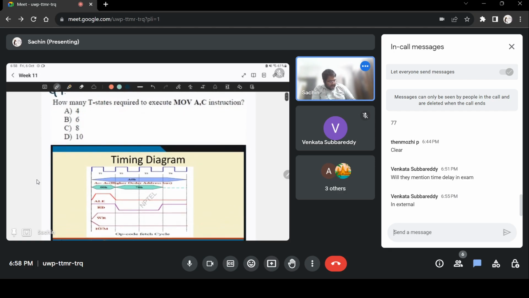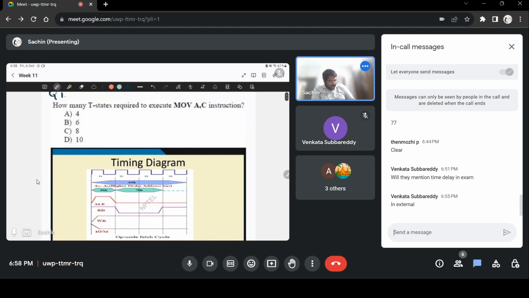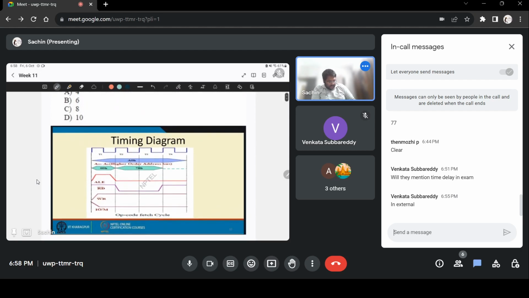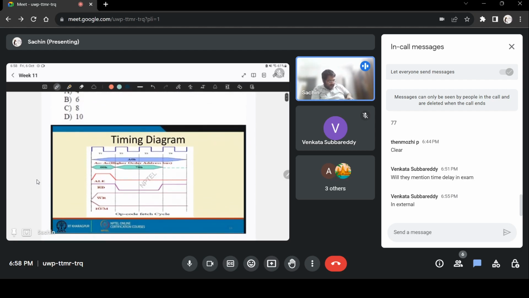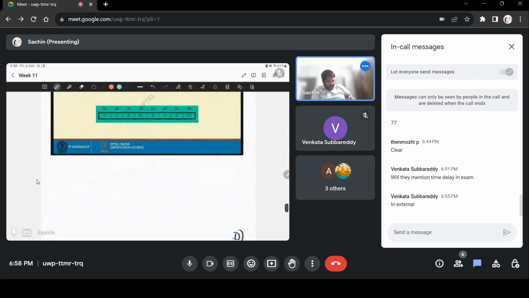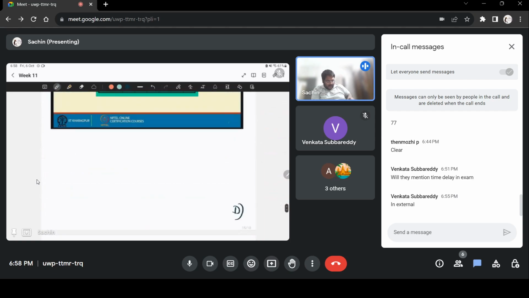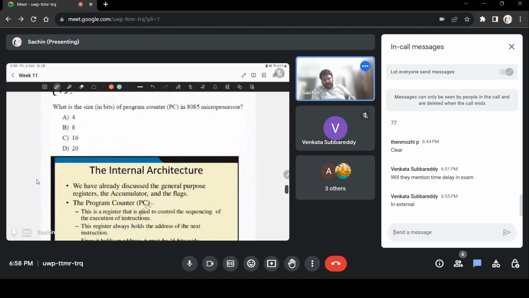For fetching it, first you have to load the address of the instruction, and then you have to read. That will take 2 cycles, and then you have to decode and execute, so that will take 1 cycle. So here they've given it as 4 cycles, but in general I don't think there's a good method to find out how many T states it will take. They should give it to you, but I can't guarantee it because I don't set the paper.